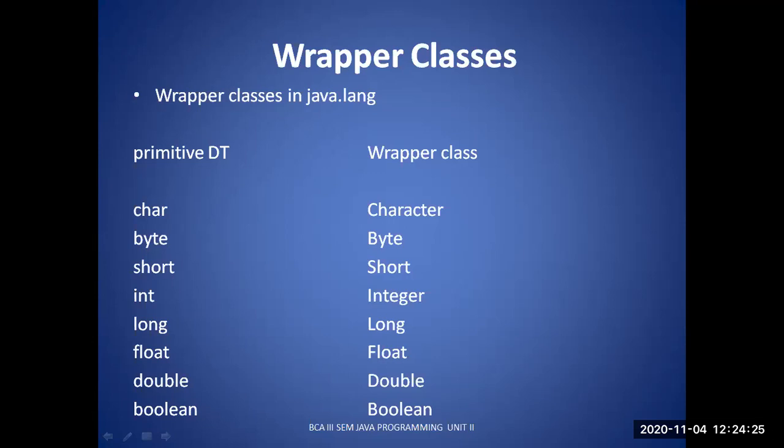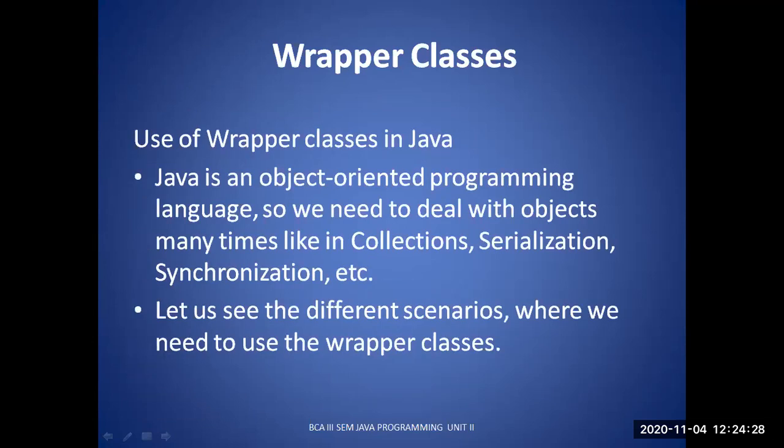Let us see the usage of these wrapper classes. Where can wrapper classes be important for us? As Java is an object-oriented programming language, it deals with objects. Most things will be objects. So in many areas like collections, serialization, and synchronization, it will be used.